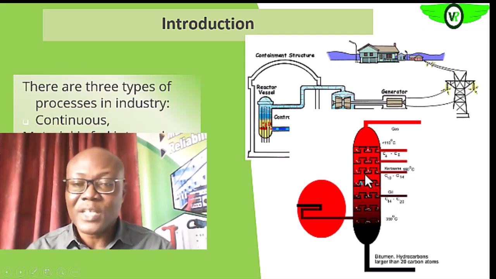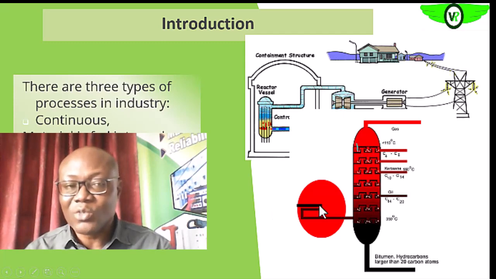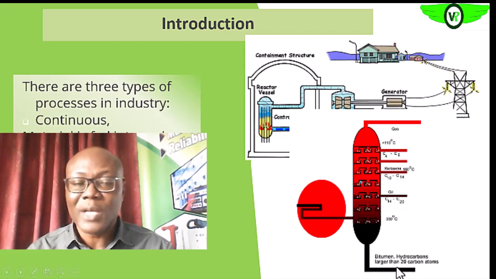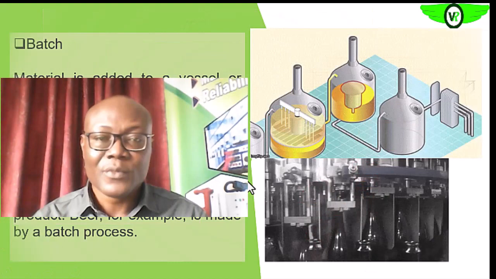This process is termed a continuous process in that raw material, that is crude, is constantly fed into the heater and then into the distillation column, and products, gas and what have you, are constantly drawn off from the distillation column at various points.